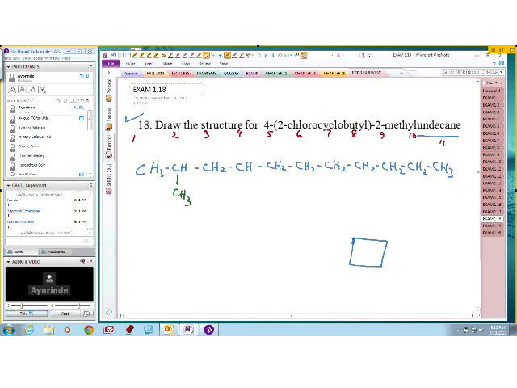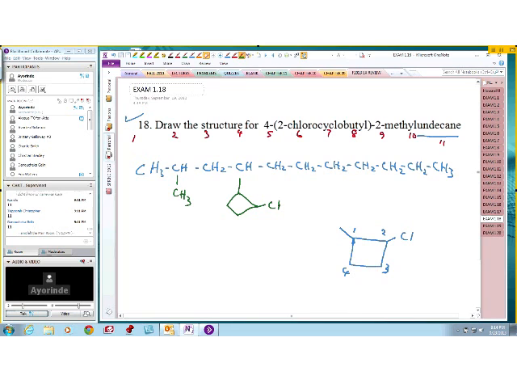Where the cyclobutane is attached to the chain is carbon 1, then carbon 2, carbon 3, and carbon 4. Therefore there is a chlorine, it's a 2-chloro, so it comes right here.